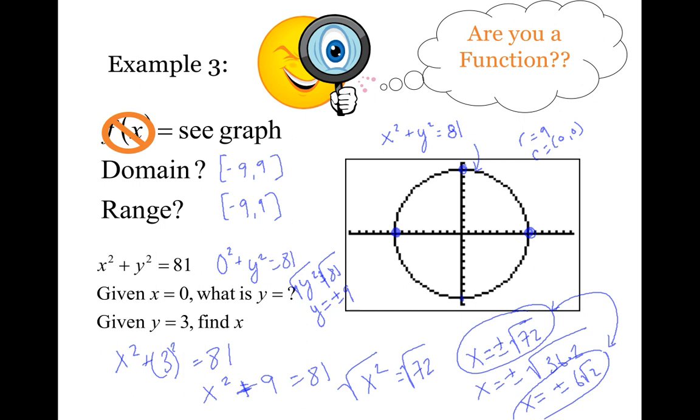And if you are picking an answer, knowing that the square root of 72 is the same thing as 6 root 2 is going to be very helpful to you. So that means when y was 3, this point right here is actually going to be 6 root 2, 3. And this point over here is going to be -6 root 2, 3.